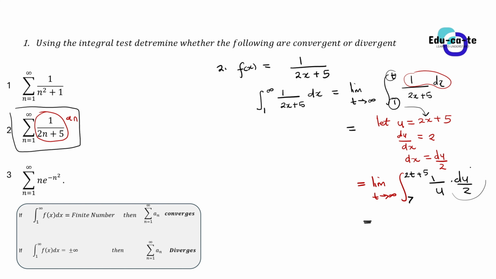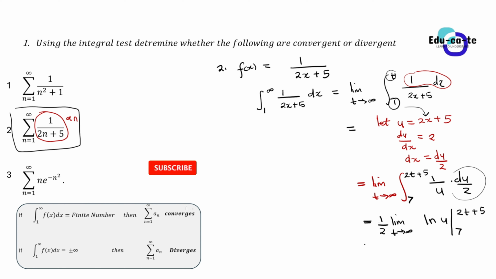So factoring out, this is 1 over 2 times the limit as t approaches infinity. If you integrate 1 over u, you are going to get ln of the absolute value of u. And then now you are evaluating this from 7 to 2t plus 5.